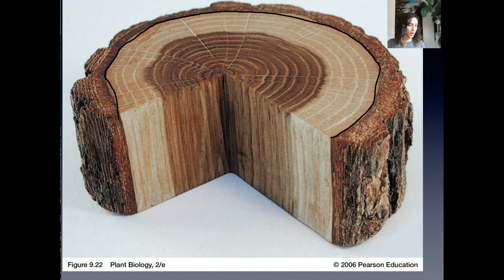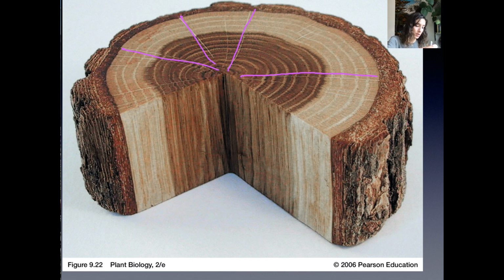So back to what we were just talking about a minute ago, it's these lateral, radiating lines of parenchyma cells that we call rays. And when they're within the xylem, they're called xylem rays. And then they do actually stretch out to the phloem, and out there we would tend to call them, well, phloem rays.